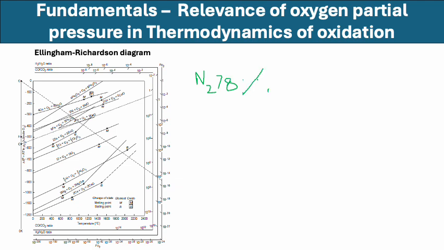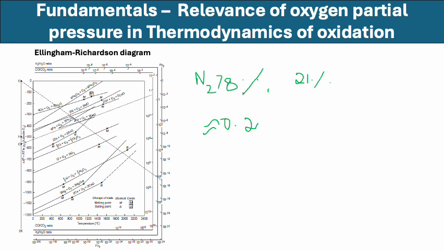In terms of oxygen partial pressure, our normal atmosphere which we breathe has an oxygen partial pressure of approximately 0.2. It is 0.209 something, but we can take it as 0.2 for all our purposes.